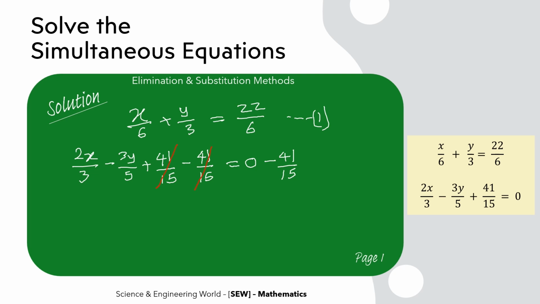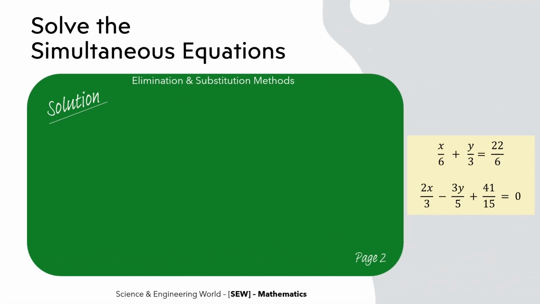That is 2x over 3 minus 3y over 5 equals to minus 41 over 15. Equation 2. Now we have these two expressions.